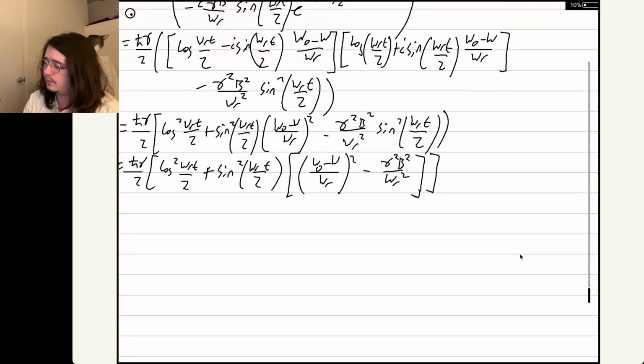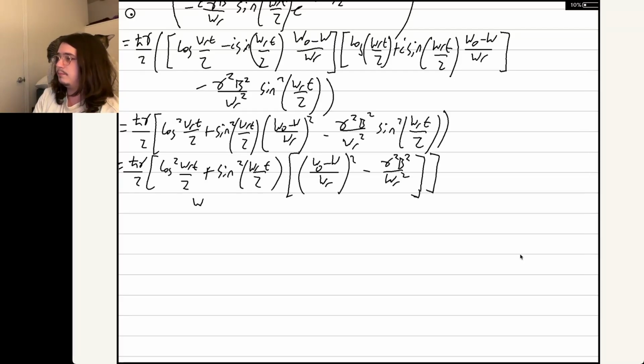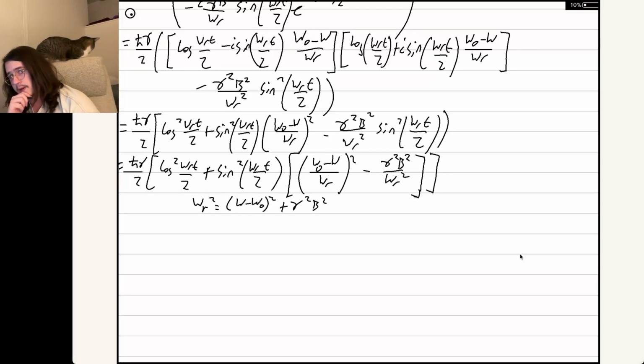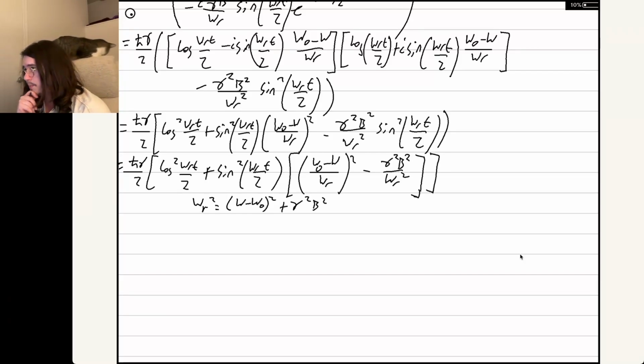And now, possibly the most dubious part of this question, noting that omega_r is just the square root of omega minus omega naught squared plus gamma squared b squared, just kind of a classical interpretation of the magnetic fields there.